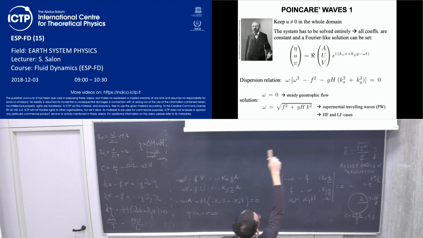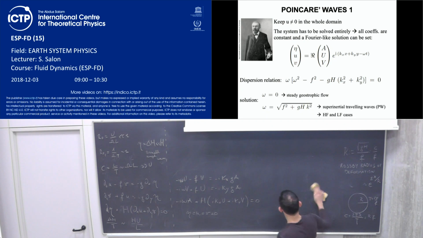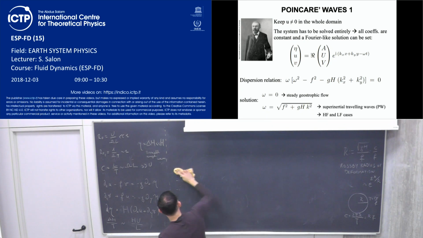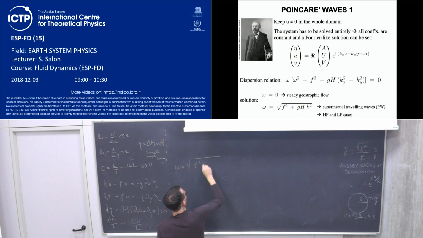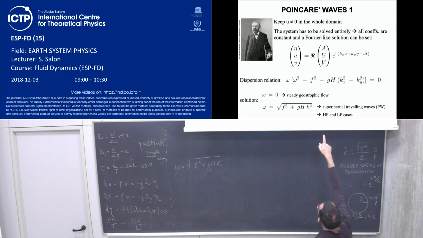So, which comes from putting equal to 0 the expression between parentheses. So this expression here tells us that omega is equal to the square root of f squared plus gh k squared, where k squared is actually the sum of kx squared plus ky squared.